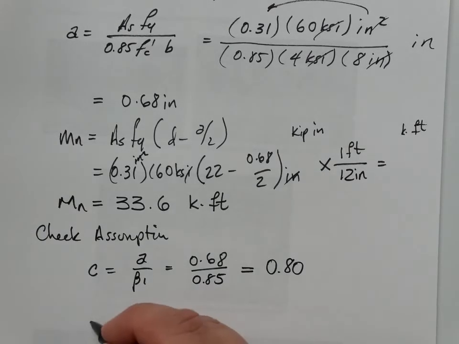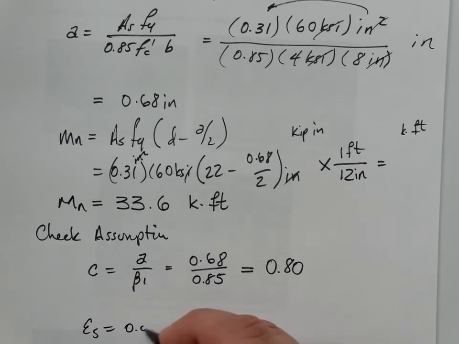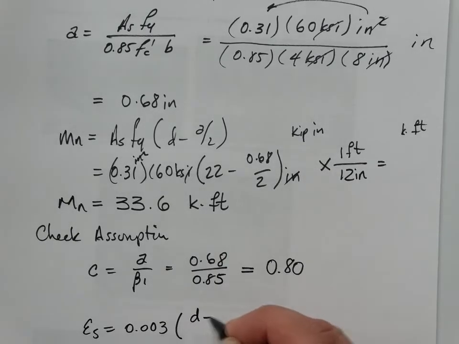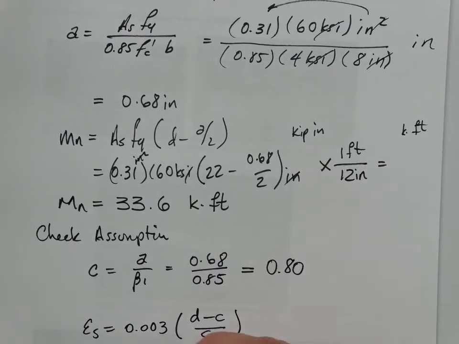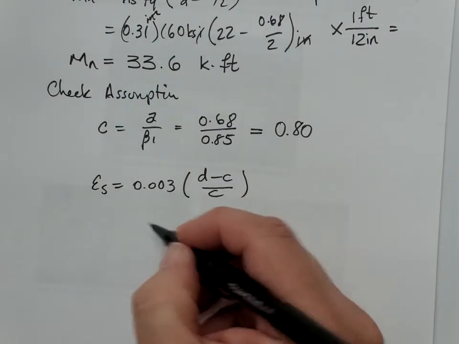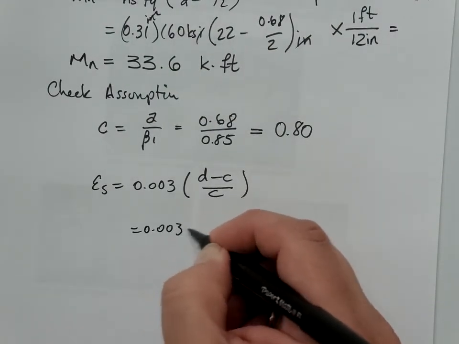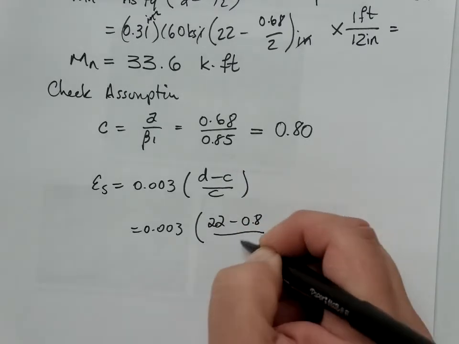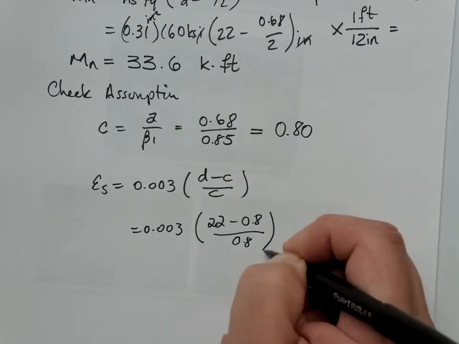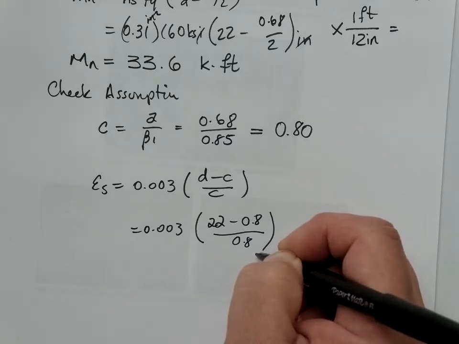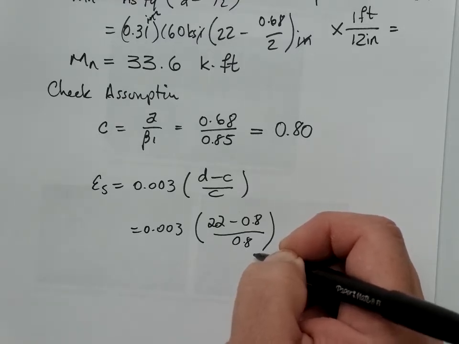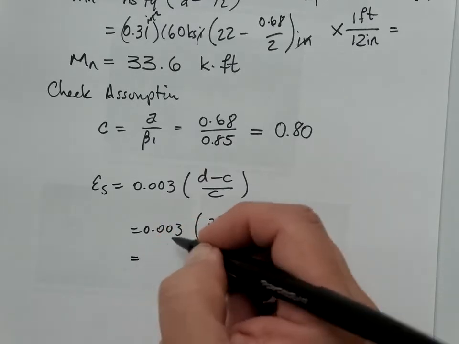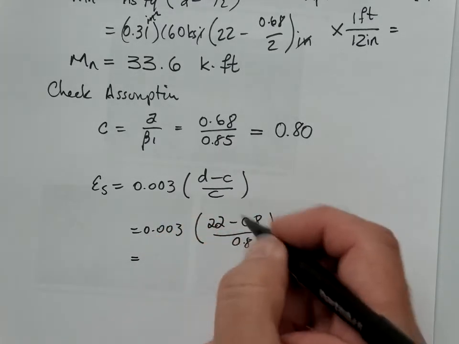Okay. Then we know that the strain in the steel is equal to 0.003 times (d minus c) over c, which is equal to 0.003 times (22 minus 0.8) over 0.8. About 26 and change, almost 27, times 0.003.